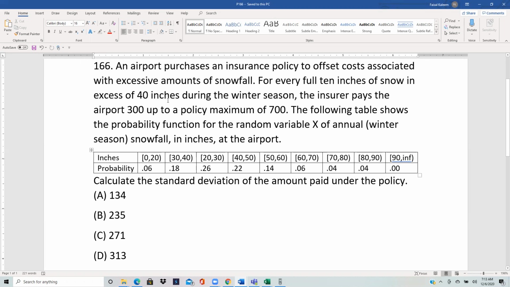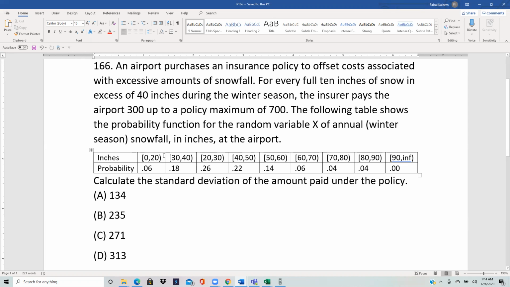So the payment is paid only when you go a full 10 inches in excess of 40. So 10 inches in excess of 40 means 50, so payment only starts after 50. There is no payment up to this range because all of this is less than 50.